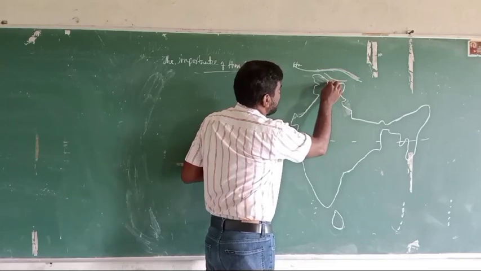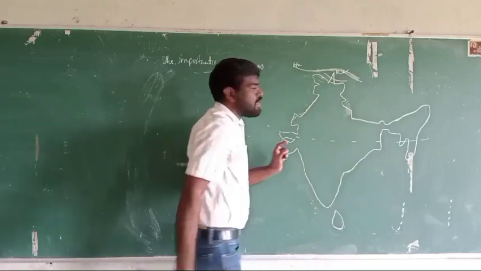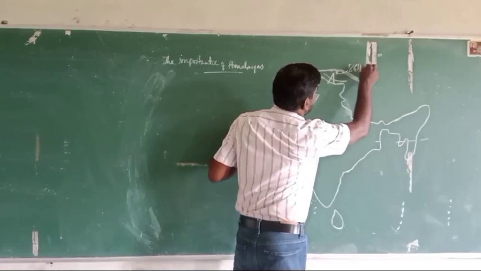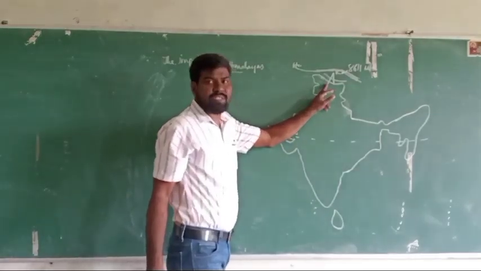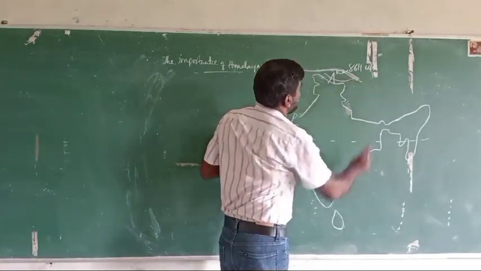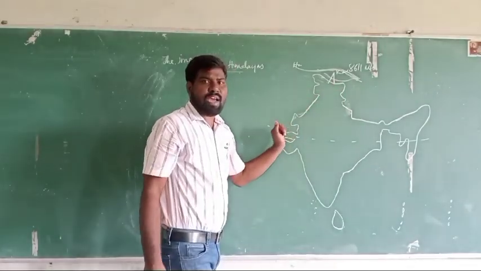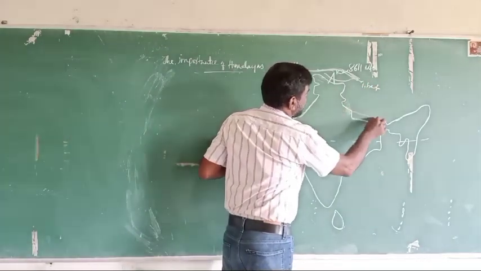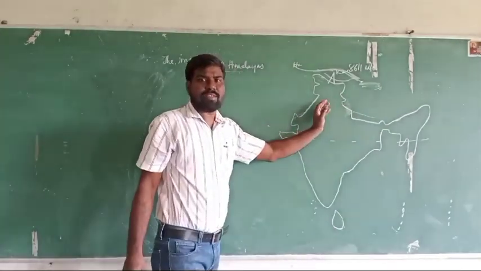The highest peak in the Karakoram range, K2, is the world's second highest peak with 8,611 meters above sea level. Near it, the longest glacier, Siachen, is located. And the world's highest tableland, Tibet, is located in the Trans-Himalayan zone.